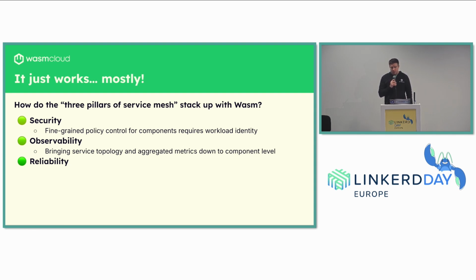Now, there's a couple areas where I think there's some room for improvement, or let's call it an opportunity for deeper integration. Specifically on the security side, one of the things I would love to figure out is, when you're trying to do policy control or authorization, is there a way for us to represent the underlying component that is executing the WebAssembly application's workload entity as part of the policy decisions being executed by the Linkerd proxy?